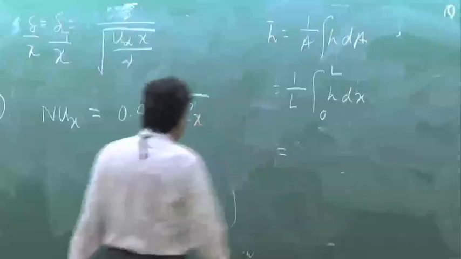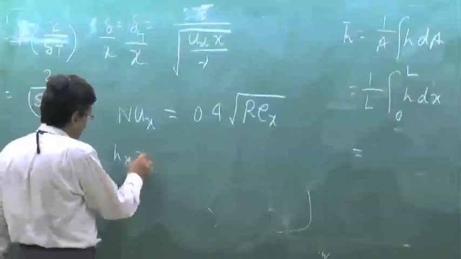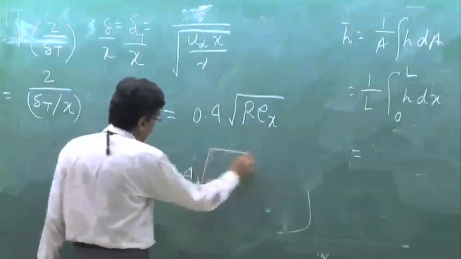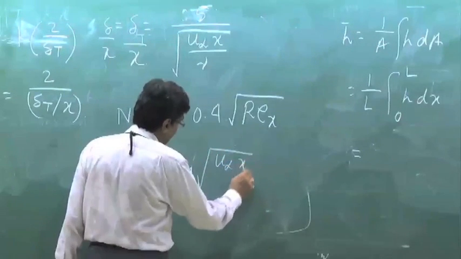And the beauty is that here, hx x by k is 0.4 root over u infinity x by nu.